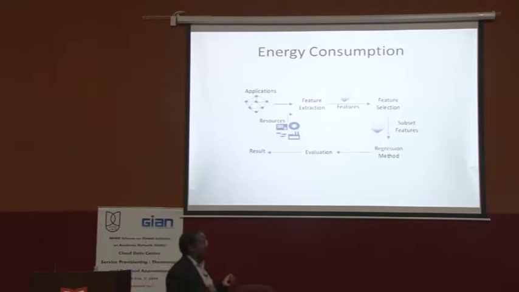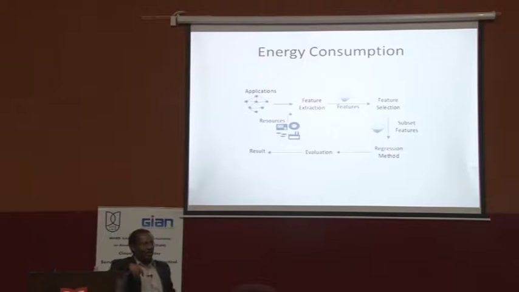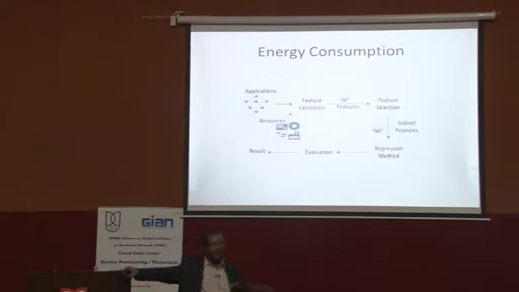But there are a number of papers actually. I think we first came up with an energy consumption with resource provisioning model. I think me and Rajan, our PhD student who is now working for, I think, Google in the US, we actually came up with that idea.